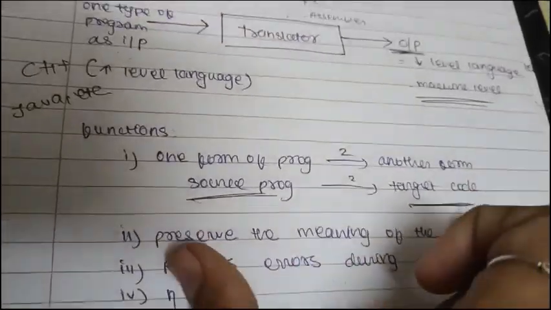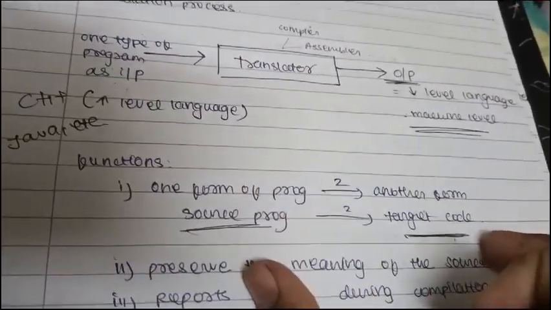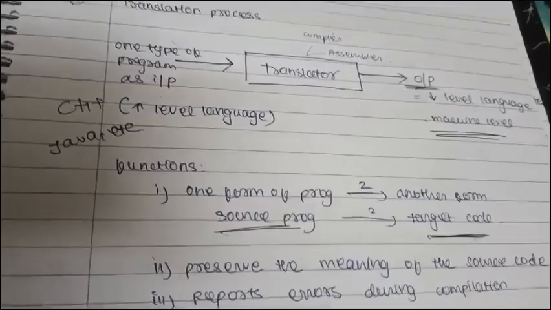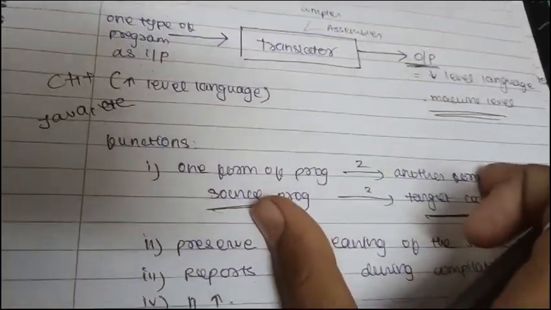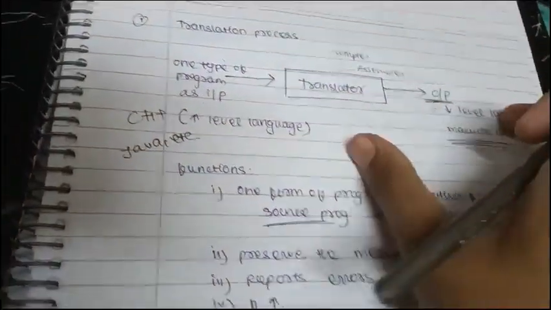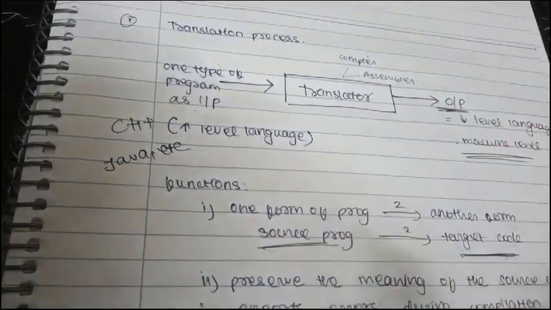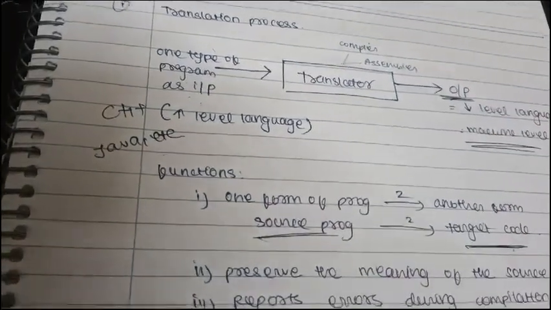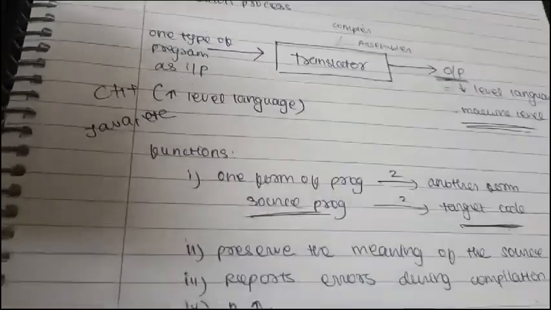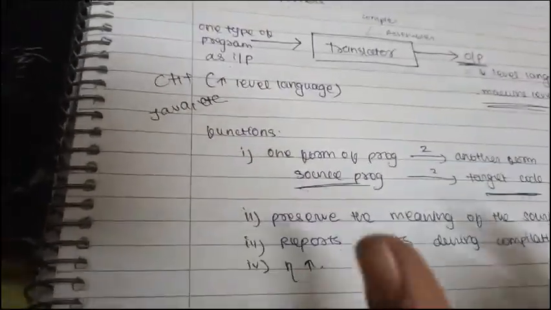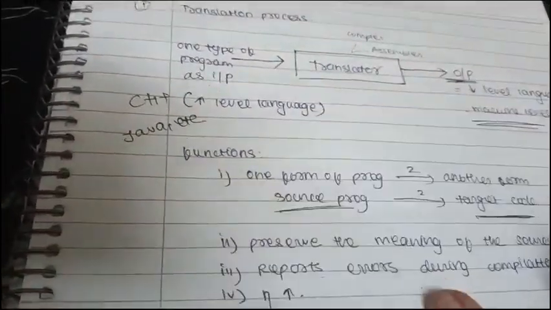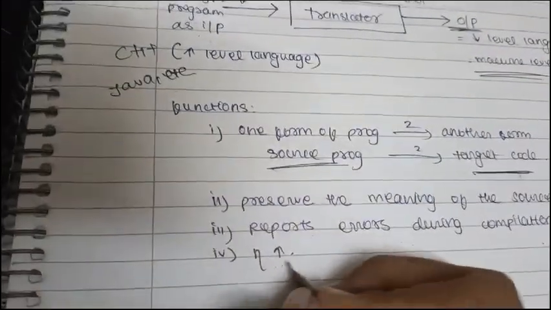During the compilation or translation process, you need to report errors, which is a main function of the translator, and that is why the compiler has the ability to report errors during compilation. And maintain the efficiency of this translation, that is, efficiency should be high.